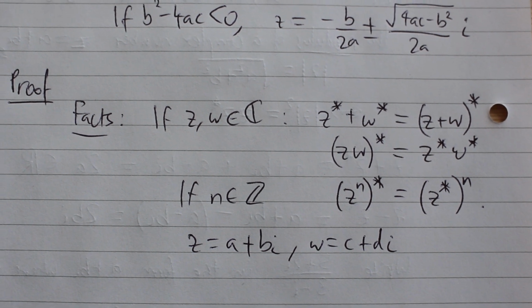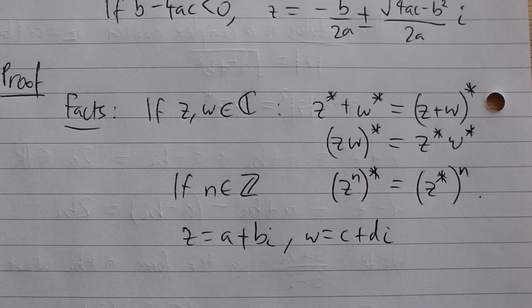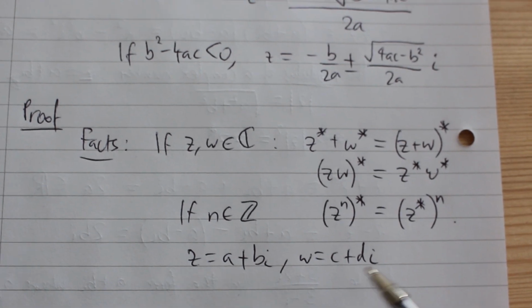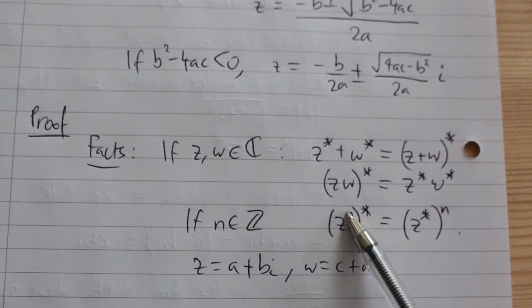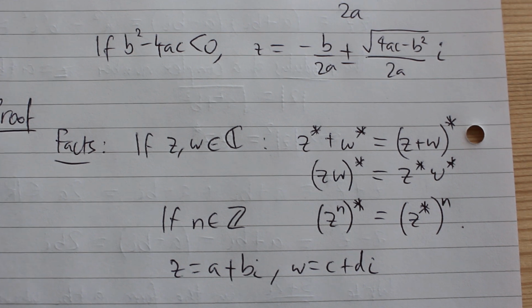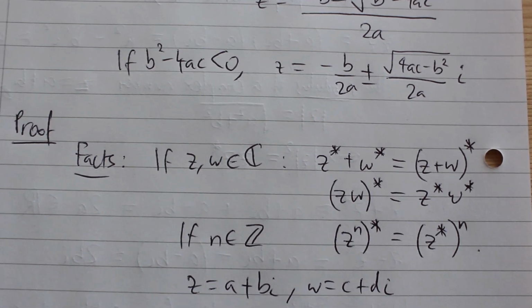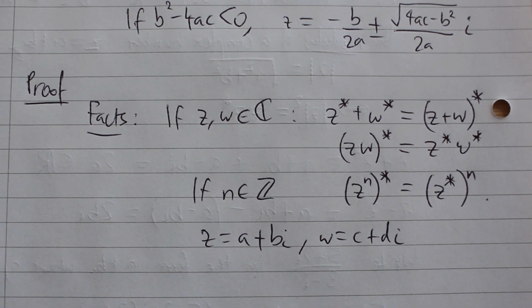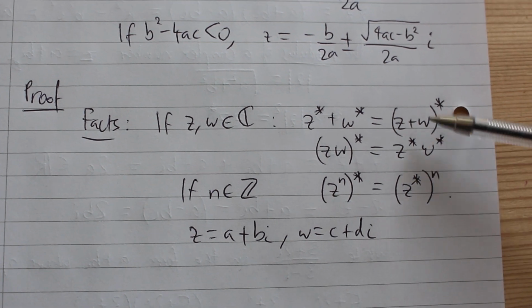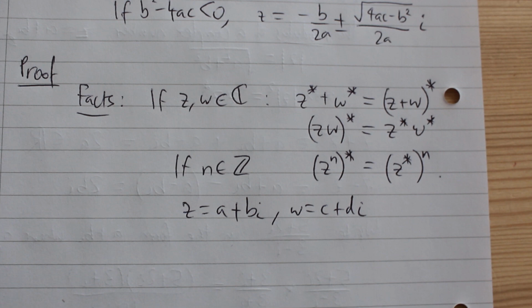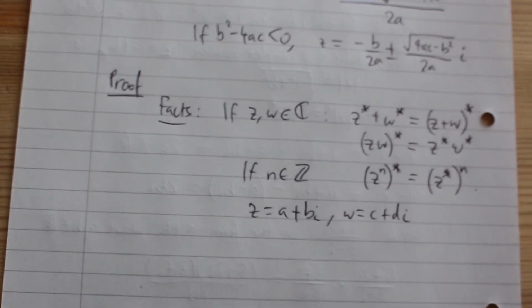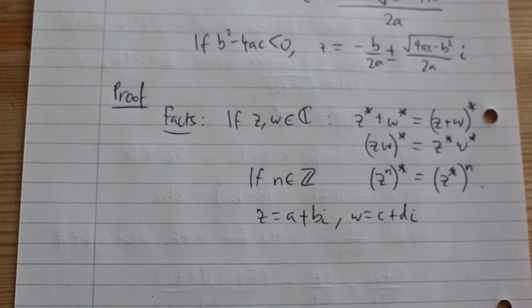One way to prove it would be proof by induction, which we haven't done yet, or also perhaps using the binomial theorem, but I think an inductive argument would be best to show that this works for all integers n. Okay, but we're going to assume these facts. As I said, you might want to work through proving the first two, but we're now going to take these as a given and use these to prove the theorem.